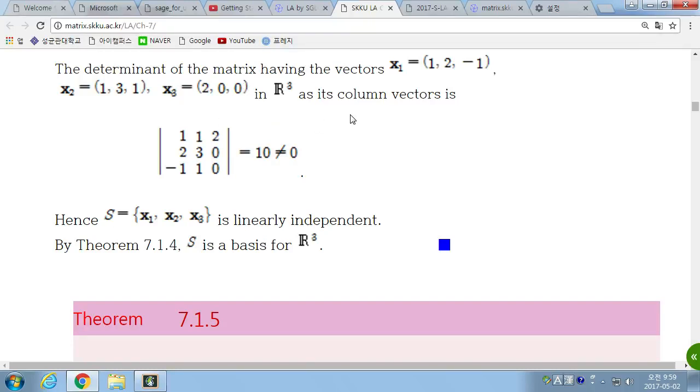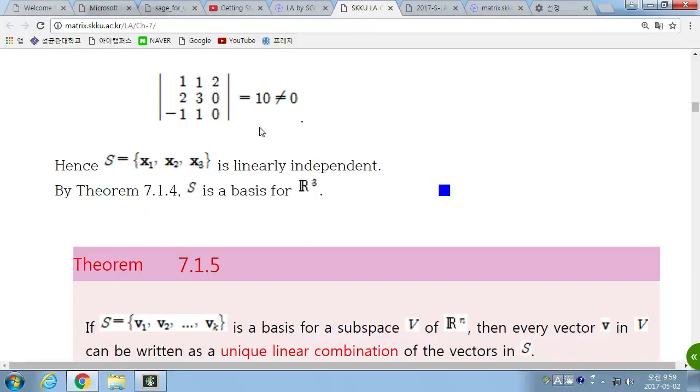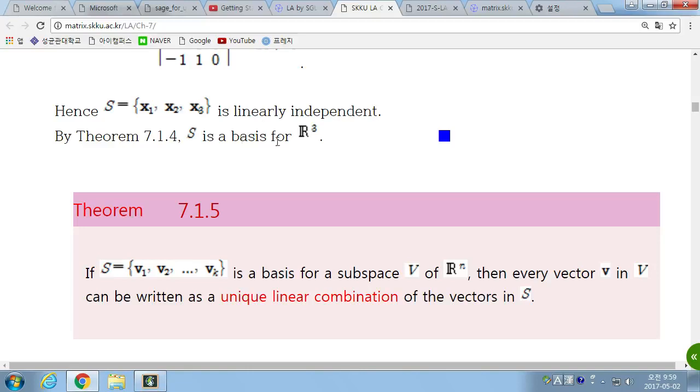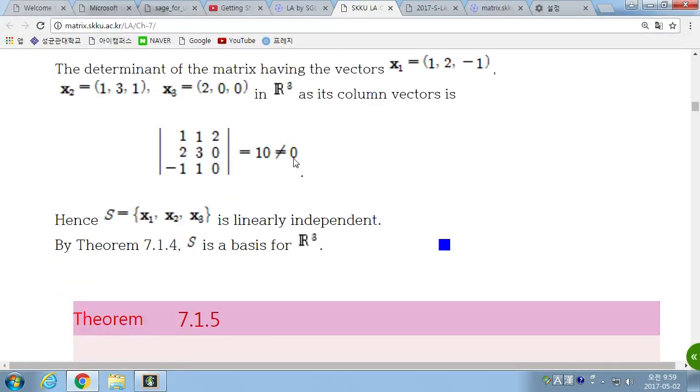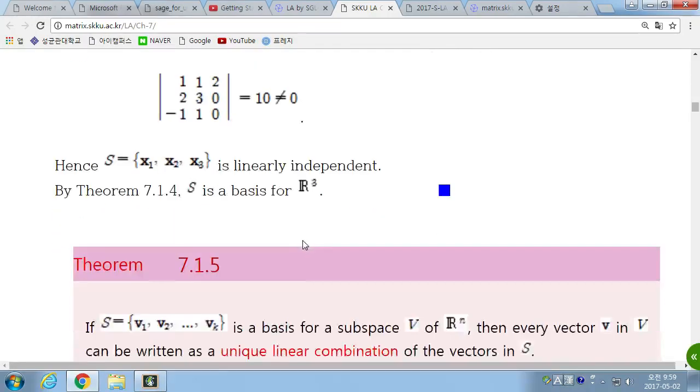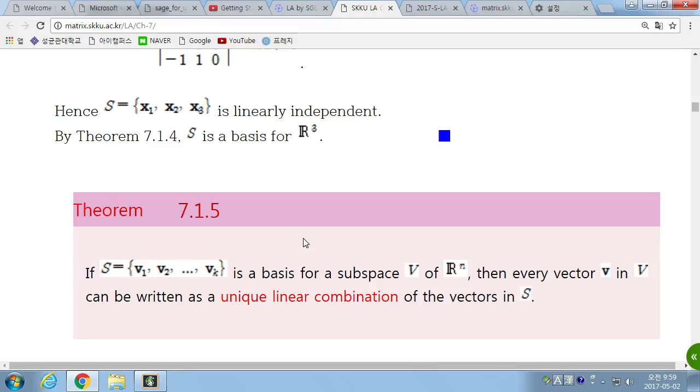This example shows it. The determinant of this matrix is not zero, so it's linear independent, so it's a basis. R3 안에 3개의 벡터가 1차 독립인 걸 보였죠? 그러면 그냥 그거는 3개 베이시스가 되는 거예요. 3차원 공간에 있는, 그렇다 그러면 어떻게 돼? R3 안에 있는 어떤 기저도 다 카디널리티가 뭐란 소리야? 3이란 소리지.